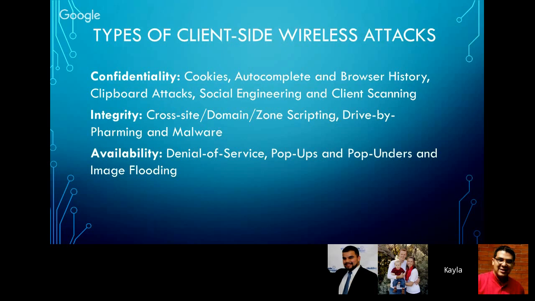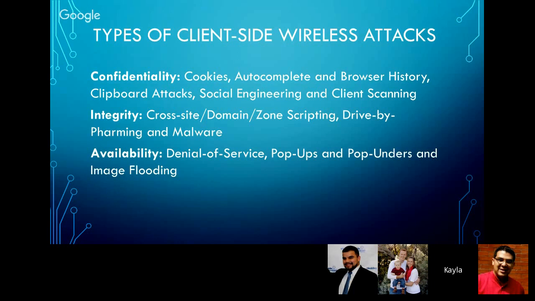In the case of integrity attacks, information is kept in the format that was intended, but the attack will alter that information and use it in a different way. And in the case of availability attacks, they keep information from being accessible or usable at all times by those who need to access it.